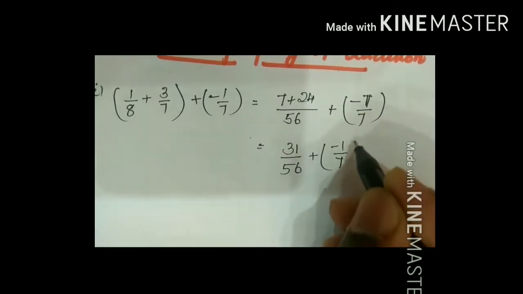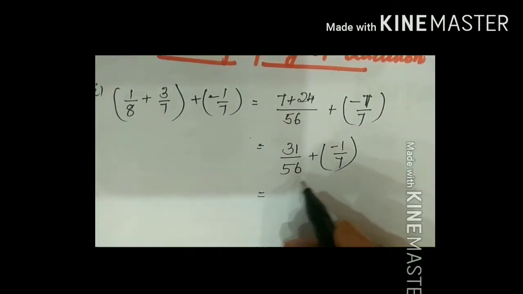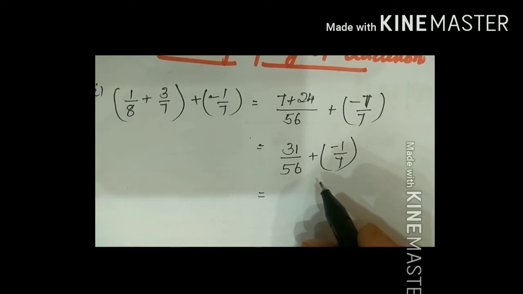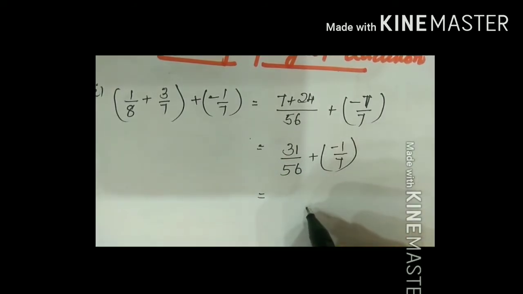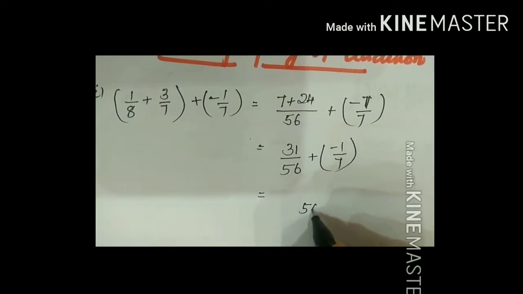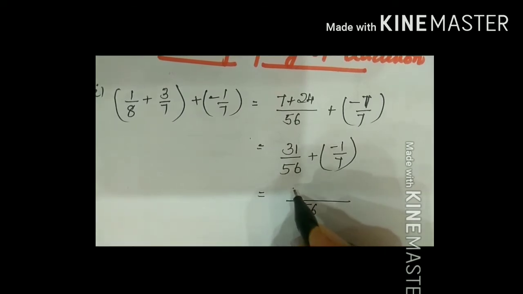Again the denominators are 56 and 7. The denominators are different, so we have to take the LCM. LCM of 56 and 7 is nothing but 56. The numerator of the first fraction will be the same, 31.